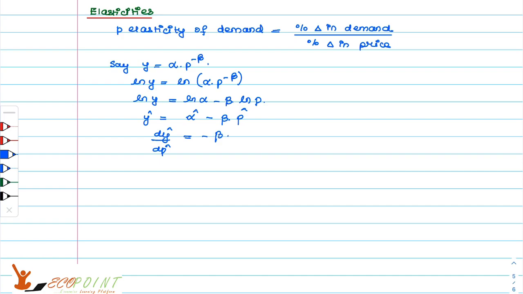This is nothing but minus beta, right? And what is this dy hat upon dp hat? dy hat is d log of y upon d log of p. This is what elasticity is.